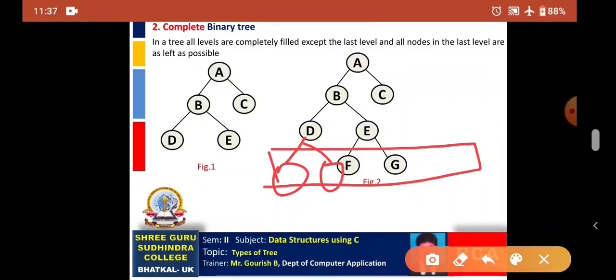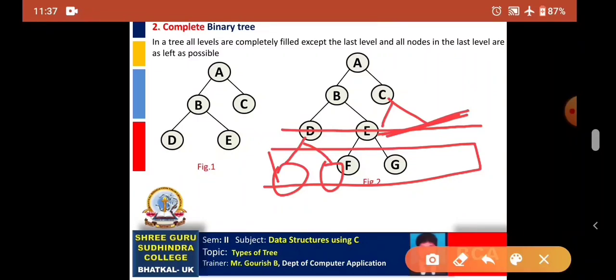Then only we can consider this as a complete binary tree, right? See, this left part is missing, and over here, this is also missing. C's children should be there because this is the last level, means the previous level has to be filled first, right? That is the reason it is not a complete binary tree.